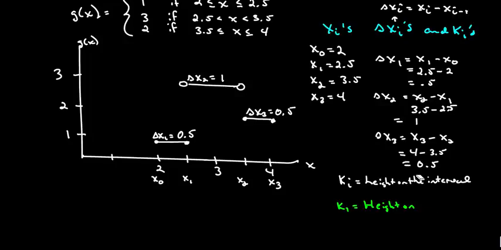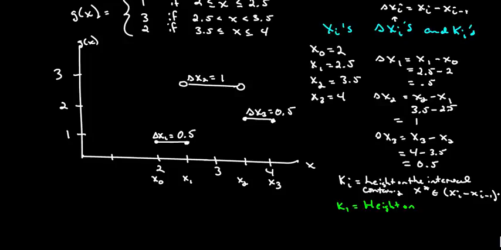Actually, I shouldn't even say that it's containing, because it doesn't necessarily have to be containing it. Containing some x star, which is an element of xi minus 1 to xi.